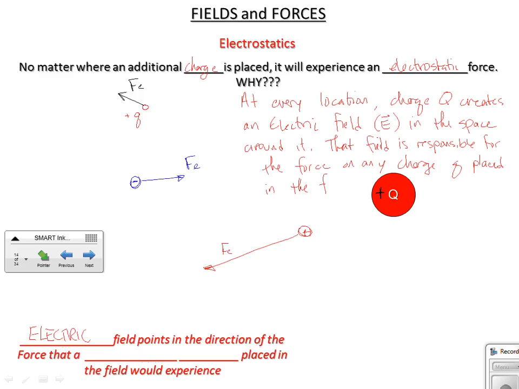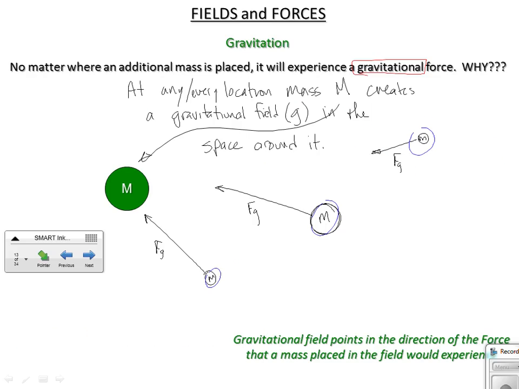Now, when we look at gravitational fields, you'll notice that no matter where we put a mass, it's always attracted to mass capital M. That means gravitational fields always point toward mass.